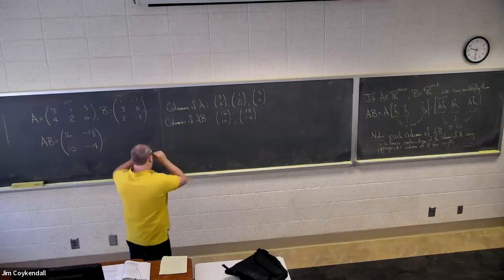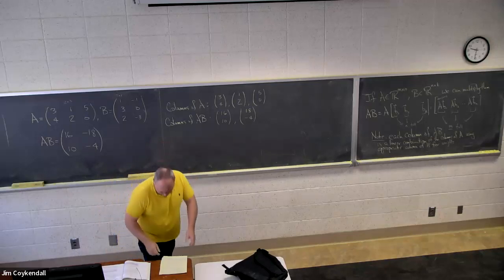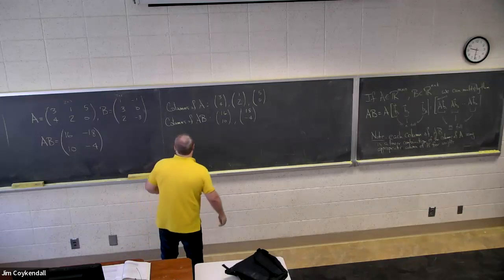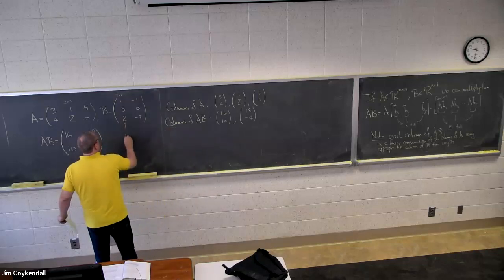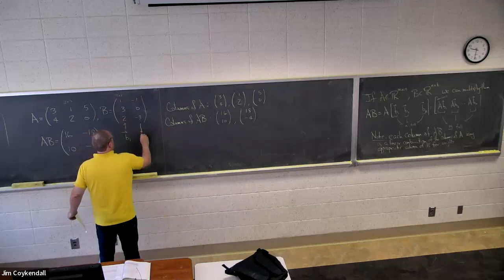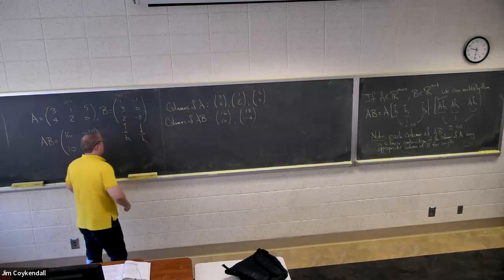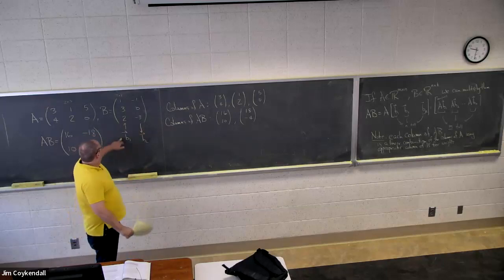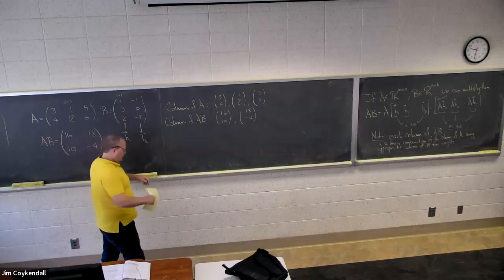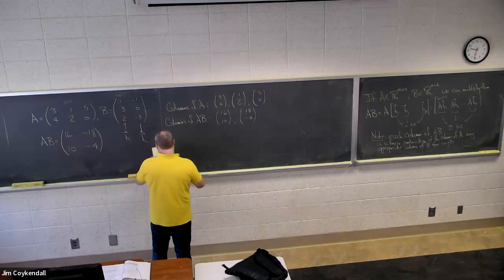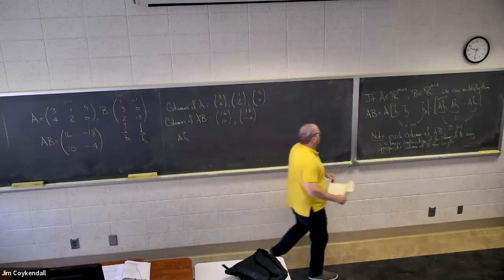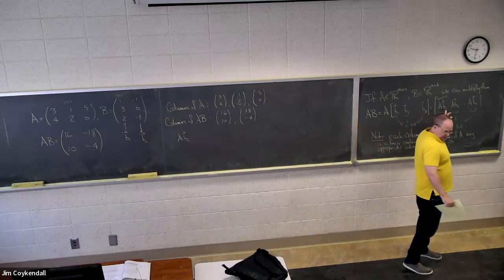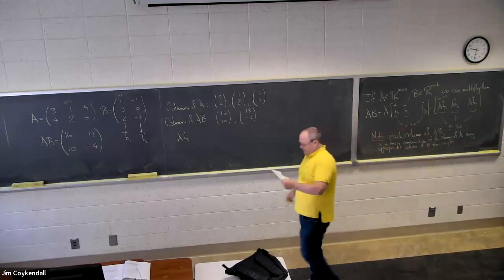Now, let's see what happens when I do this, and notice this is the B1 vector, first column of B, B2 vector. So if you look at AB1, which should be the first column of AB, you'll see what this is.